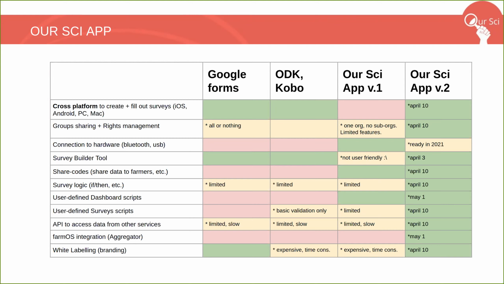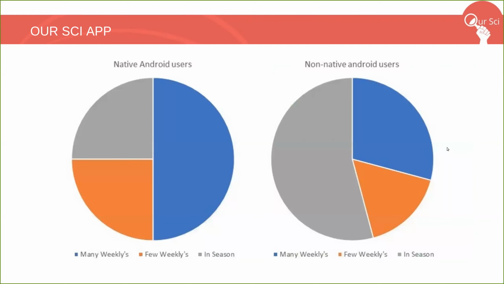So if you go to the next slide, Manuel, Dan shared this with me. This is the Real Food Campaign. The left-hand graph shows non-native Android users. So these are people who had Android devices and collected the data on an Android. We had weekly surveys.